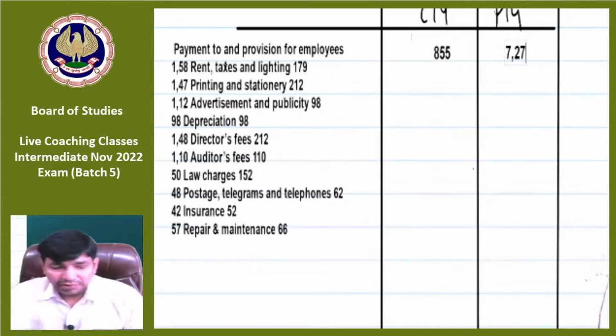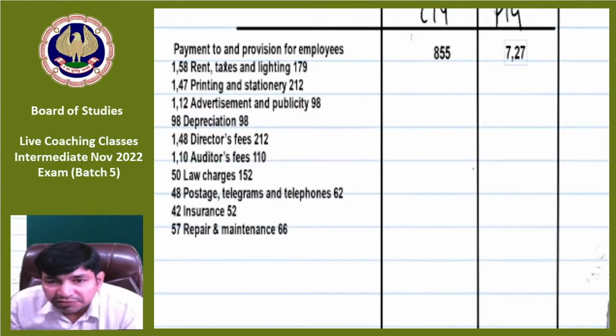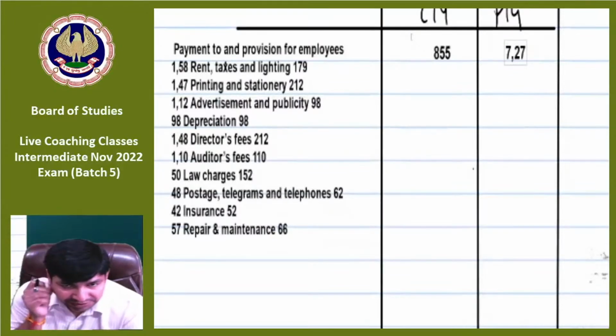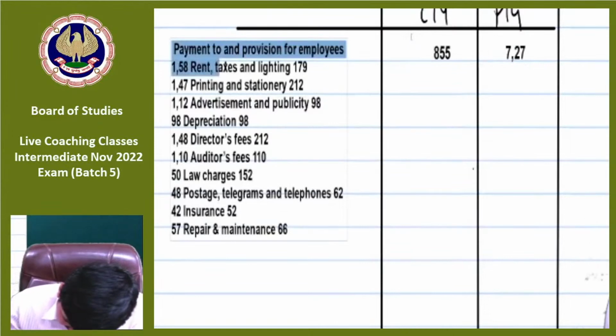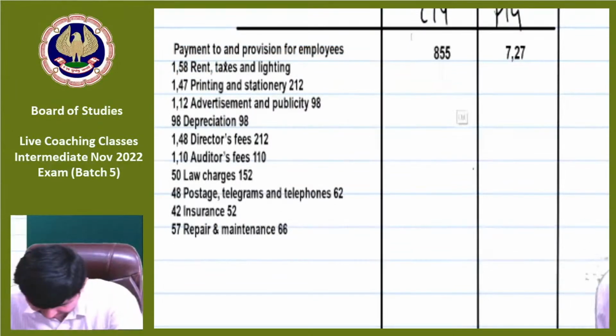Yes. Profit there. Sir, one question: in case income from something else is credited to interest discount, then we deduct it, right? Yes, beta Prabhas, you are right. Anyways, 179. Yes, 179.